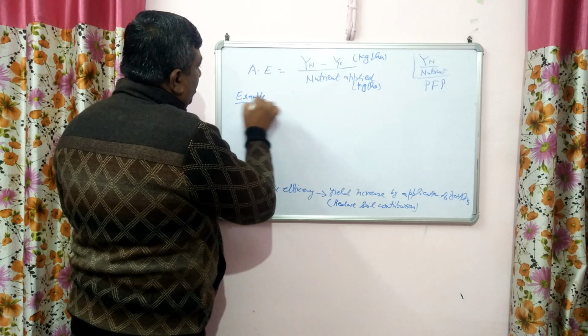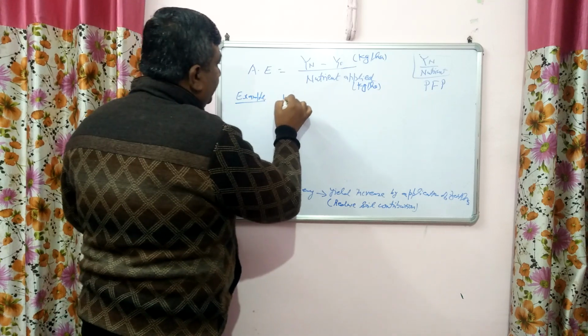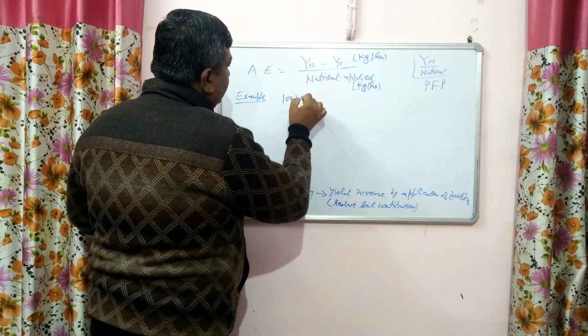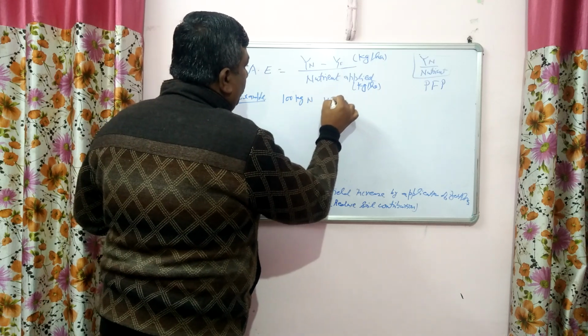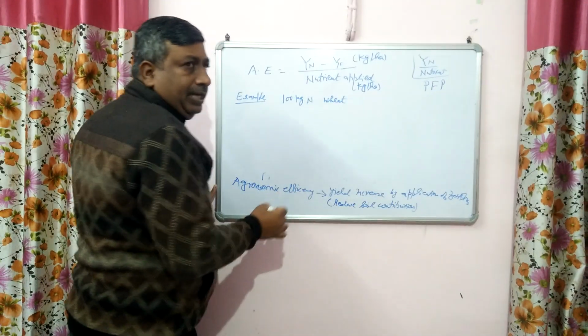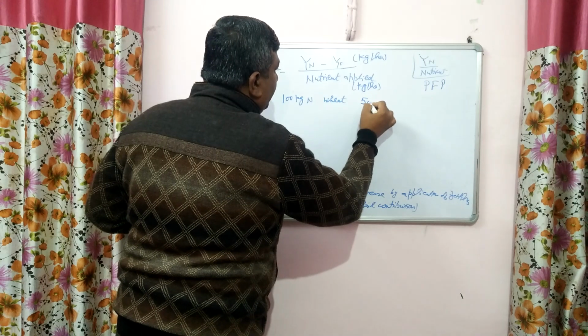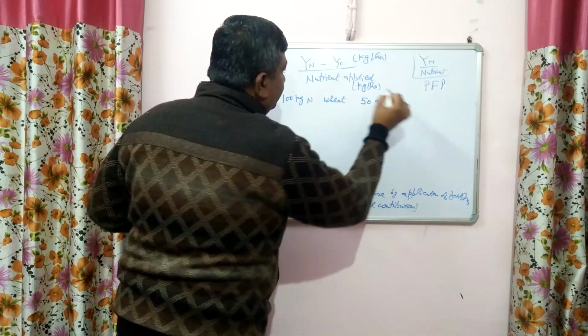Example. Suppose we are applying 100 kg nitrogen in wheat crop, and the yield is suppose 50 quintal per hectare.